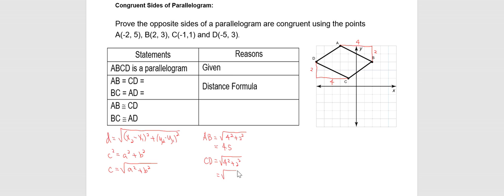The square root is 4.5. So we can say that the length of line segment AB is equal to the length of line segment CD.